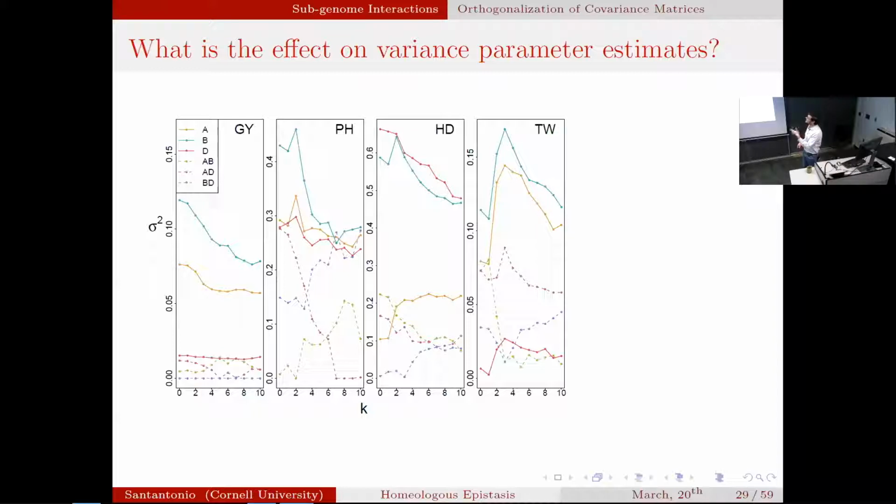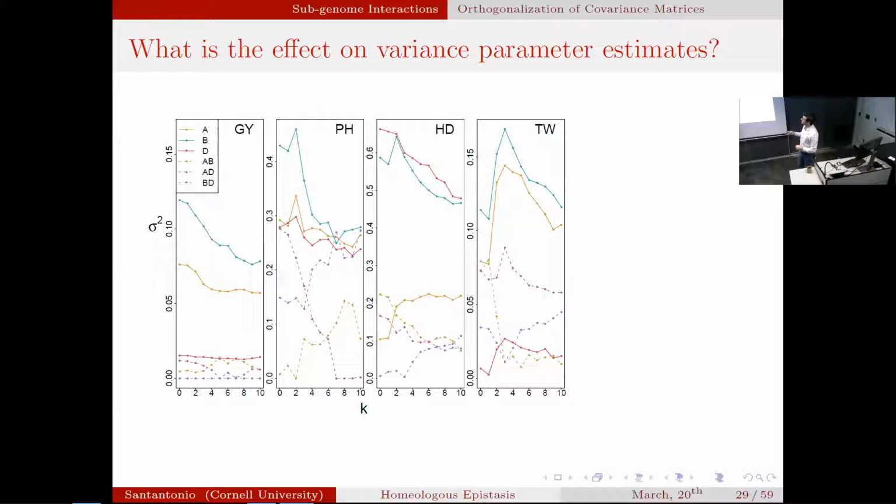So we know that K appears to be removing, pulling out this population structure appears to be removing these variance components. But as I increase K, do I see big changes?